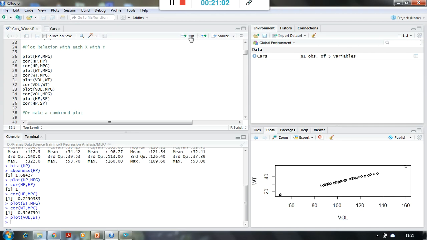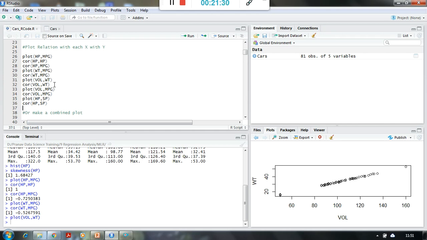Similarly, we can see it for volume versus weight. Why am I checking it not with MPG? Because we also have to check whether one input variable is also having a correlation with another input variable or not. What we have learned in model assumptions is that no two input variables should be linearly correlated, right?